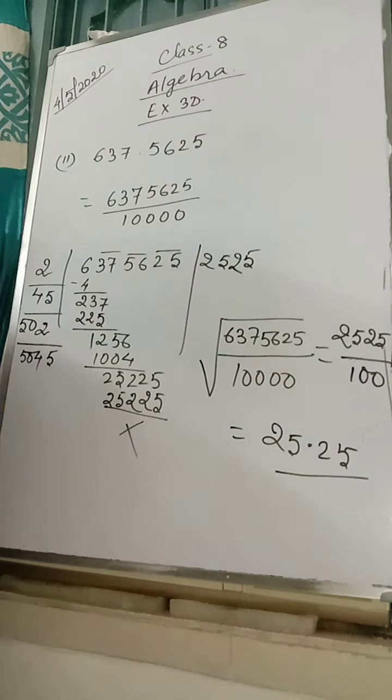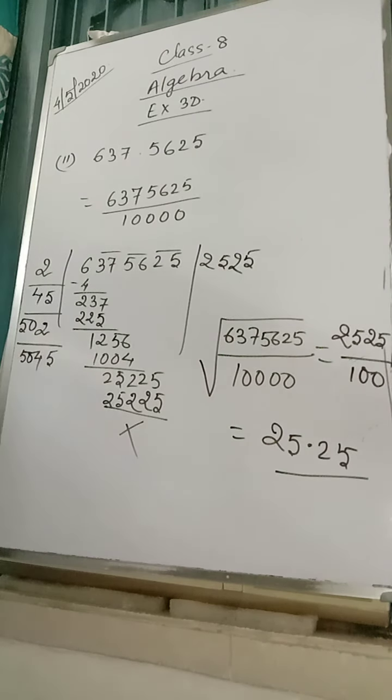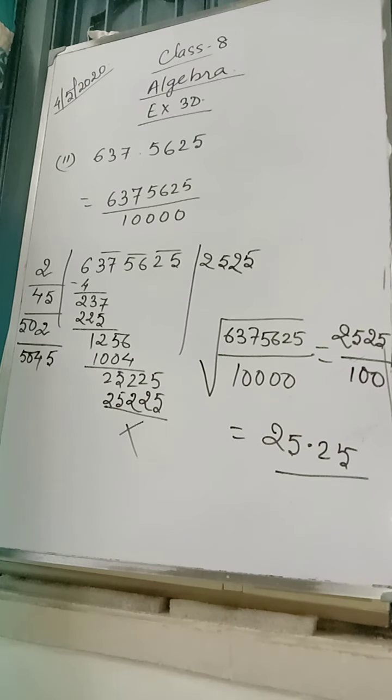In this way we have to do it with fractions. What numbers are given, we have to convert into a fraction, and after that we have to solve it. We have to get the numerator's square root as well as the denominator's square root, and then finally we have to write the answer in decimal.